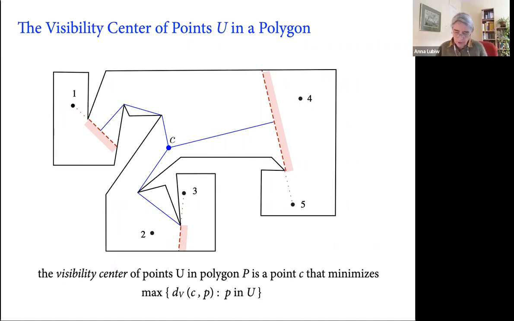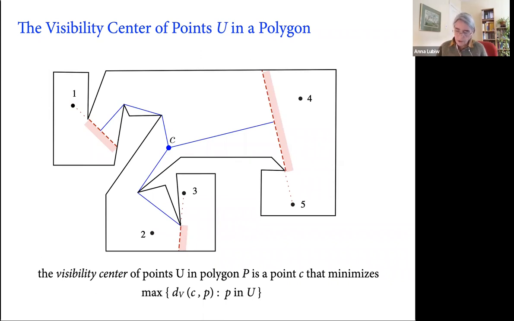So this is a picture of the center, and the extreme points are point 5, for which I have to reach this red line in order to see it from the point C. Point 3, I have to reach this line or this half polygon here, and point 1, I have to reach this half polygon here.